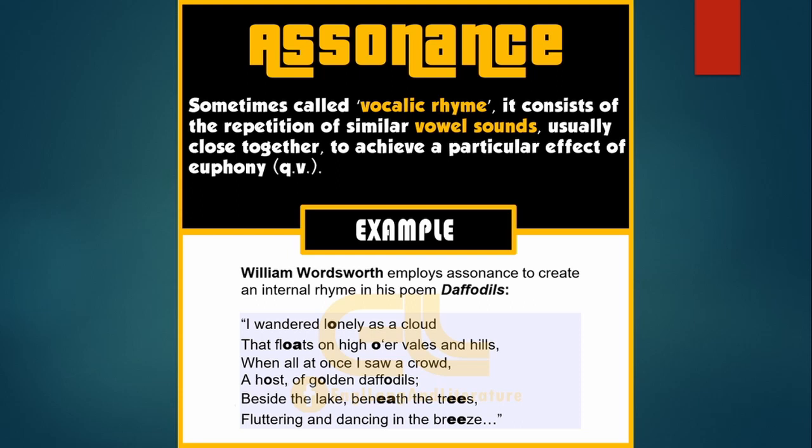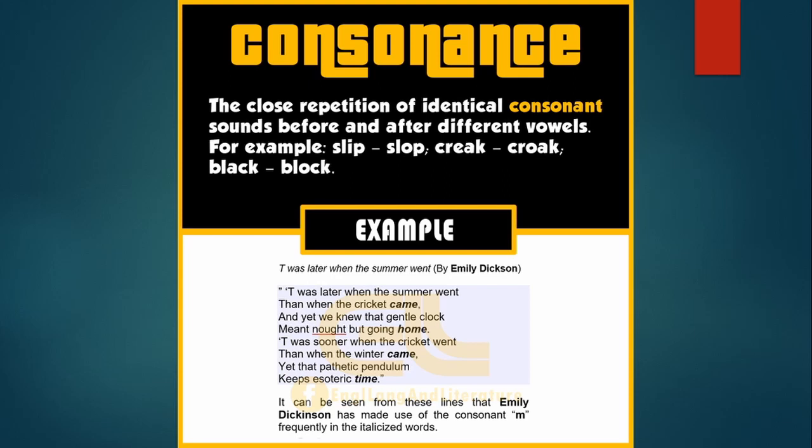Now let us discuss consonance. The difference between assonance and consonance is that in assonance we had repetition of vowel sounds within the words, and in consonance we have repetition of consonant sounds within the words.